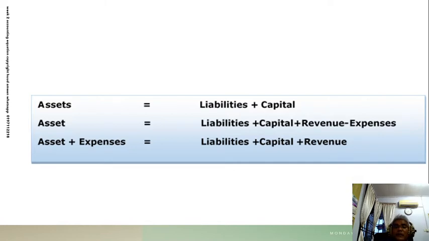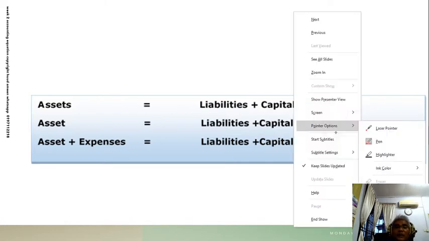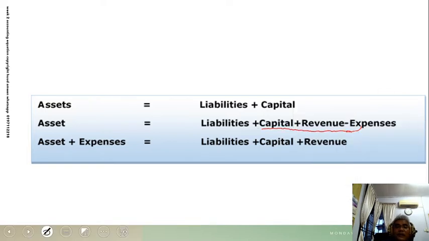Negative expenses, if you want to move to the other side, become positive. Asset plus expenses equals liabilities plus capital plus revenue. This is the first formula, and then this is the second formula, formed from asset plus liabilities plus capital.